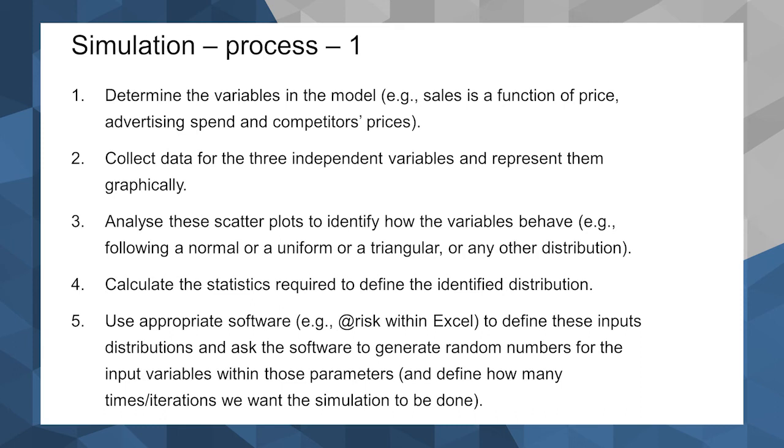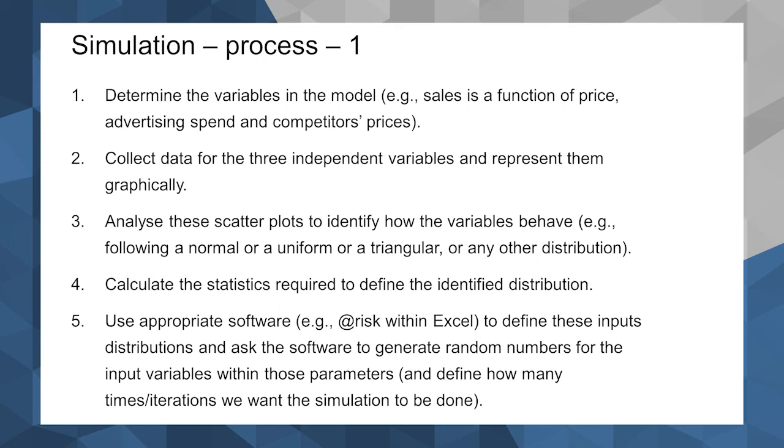And in so doing, we're going to determine something that we saw in the previous topic, which is a probability distribution that the behavior of the variable approximates. So maybe a Poisson, maybe a normal, maybe a triangular distribution, whatever it is. Once we do that, we're going to need some form of simulation software.